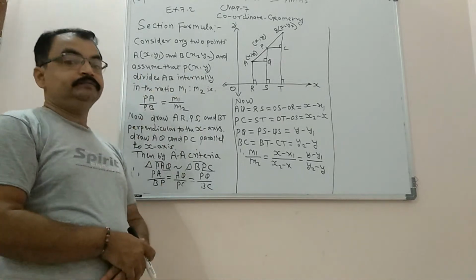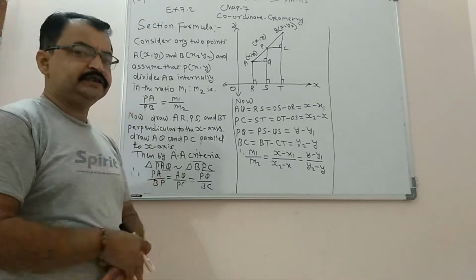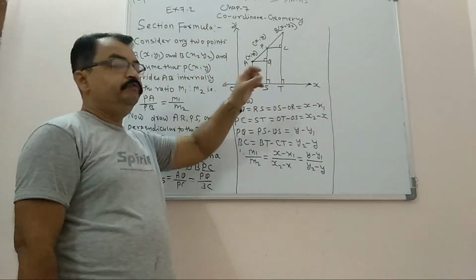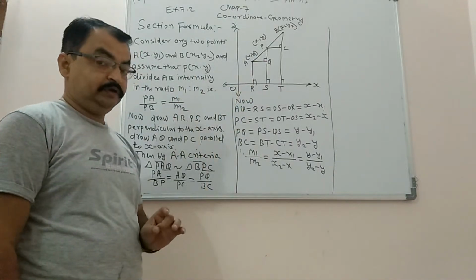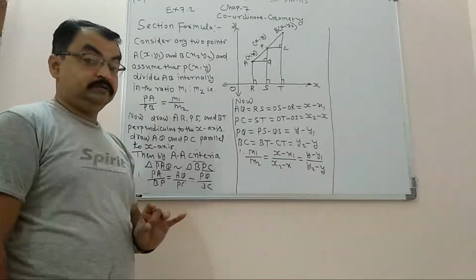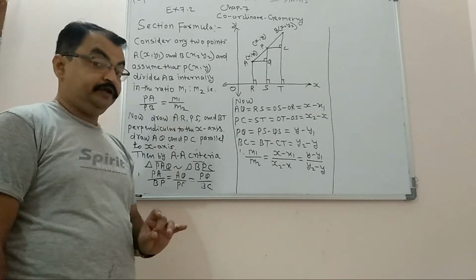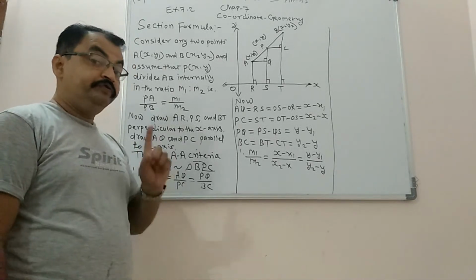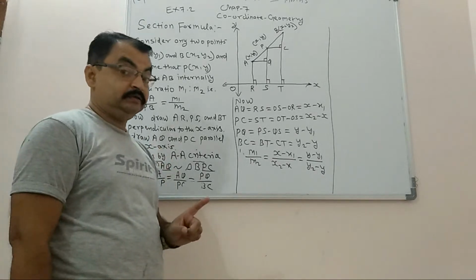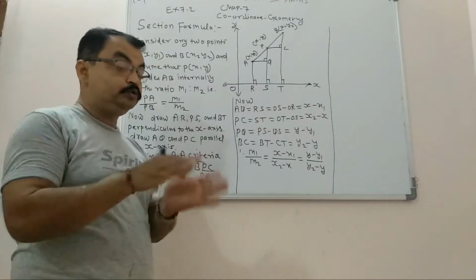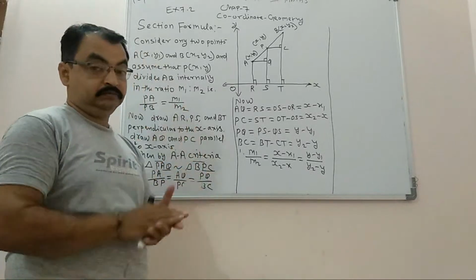So see children, as the name suggests, the section formula will give, listen carefully, the coordinate of a particular point which divides the given line segment in two different parts.